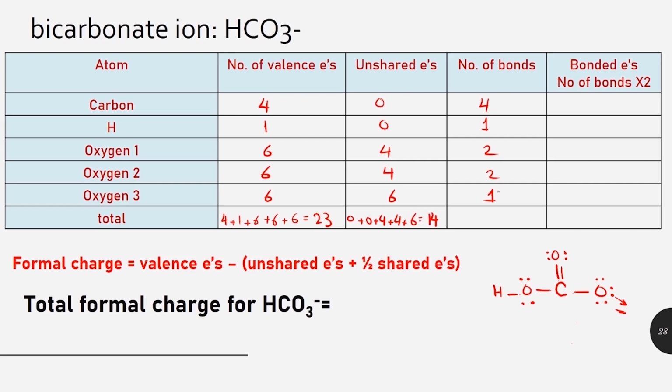The total number of bonds is equal to 4 plus 1 plus 2 plus another 2 plus 1 equals 10. We multiply the 10 bonds by 2 equals 20. Now let's apply the formula: 23 valence electrons minus 14 non-bonding electrons minus half of the 20 bonded electrons equals minus 1. This is why we need a minus on the top of the ion.